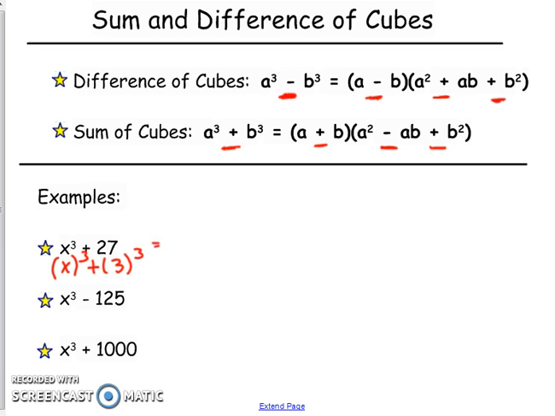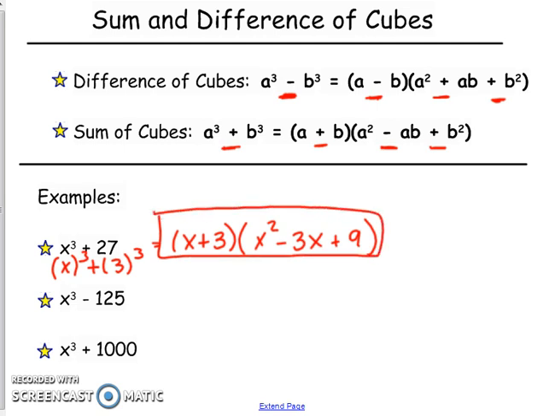So I'm going to plug in a plus b. So that's going to be x plus 3. And then I had the a squared, which is my x. So x squared minus the x times the 3, so 3x, plus b squared, so plus 9. That's my 3 squared. And then I'm done.